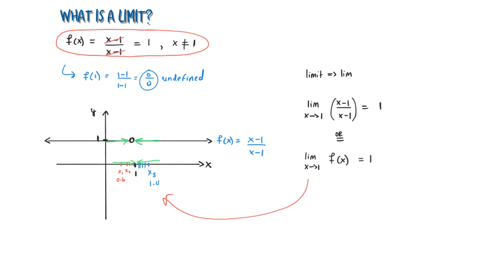In this particular case, because the function is constant, the values of the function, the y values, are exactly equal to 1. So this output that we talk about, this 1 refers to the y values. Okay. As x approaches 1, the y values are approaching 1. But because the function is constant here, the y values are equal to 1.